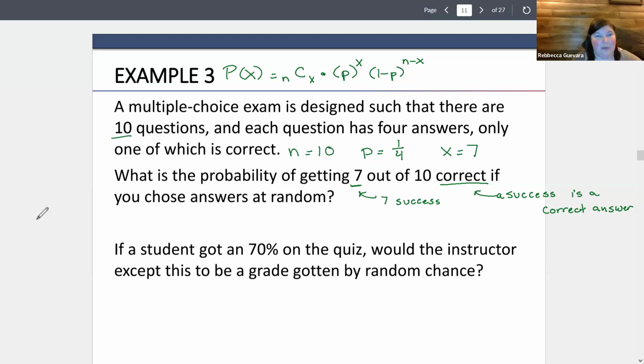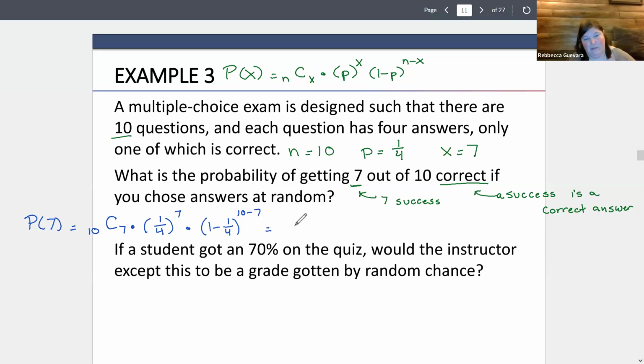If I go back to the formula, I want the probability of 7 successes. I have 10 trials, and I want a combination of choosing 7 successes out of 10 options. The probability of a success is 1/4, to the power of 7. A fail is 1 minus the probability, 1 minus 1/4, to the power of n minus x, which is 10 minus 7.